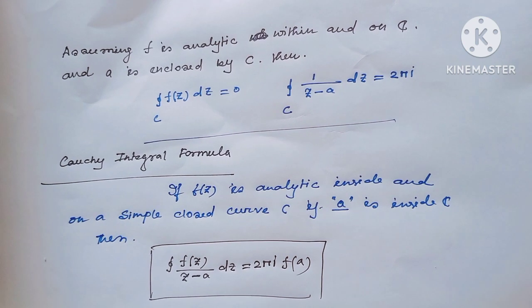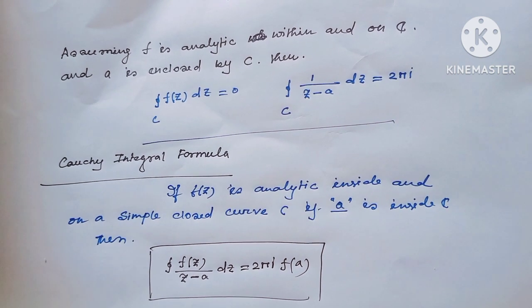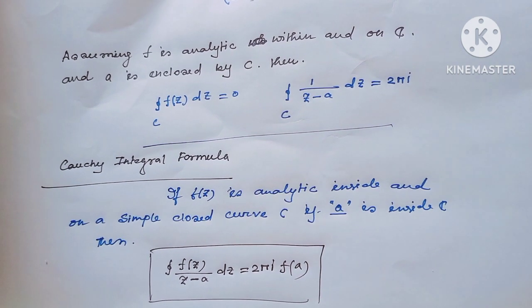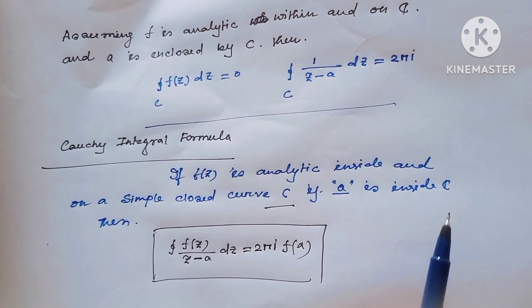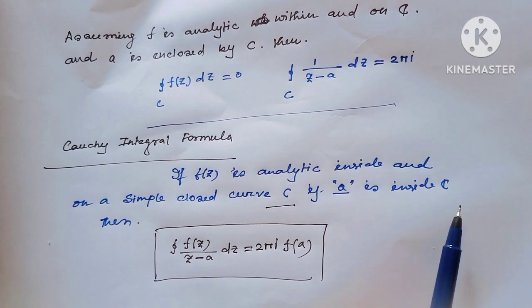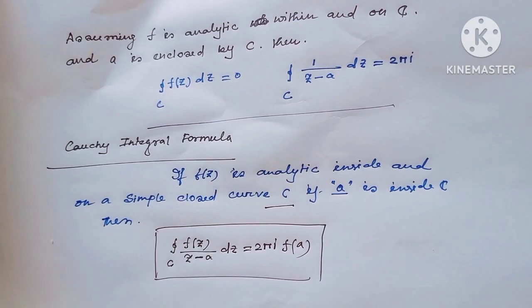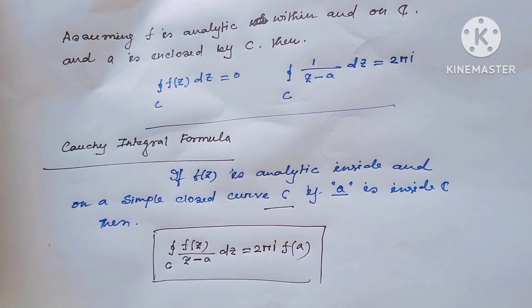At first, the statement of Cauchy's integral formula. If f(z) is analytic inside and on a simple closed curve C, and if a is inside this contour C, then the integration along this contour C of f(z) over z minus a dz equals 2 pi i f(a).